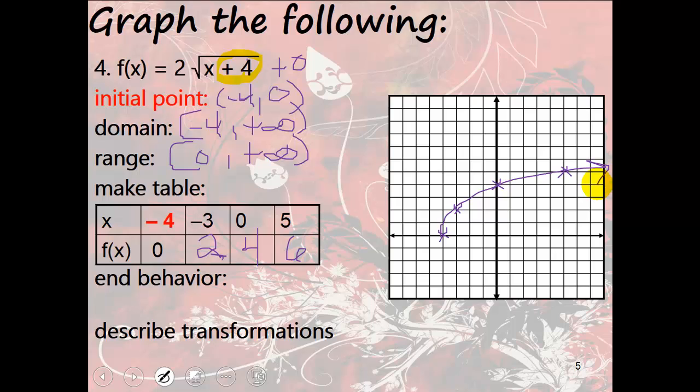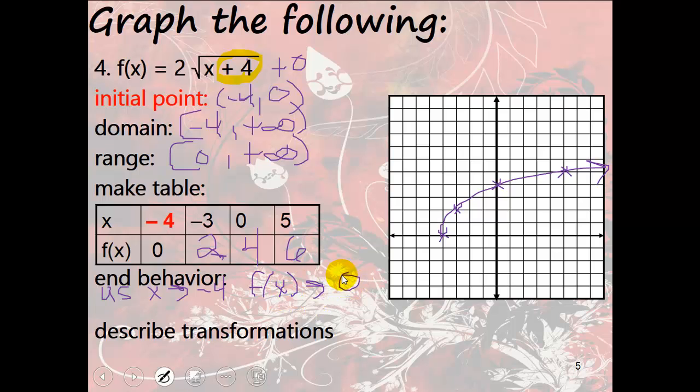My end behavior, so think about this. Think about as x goes to the left, it's going to that initial point, right? So as x goes to negative 4, f of x is going to 0. Those are both tied to the initial point.